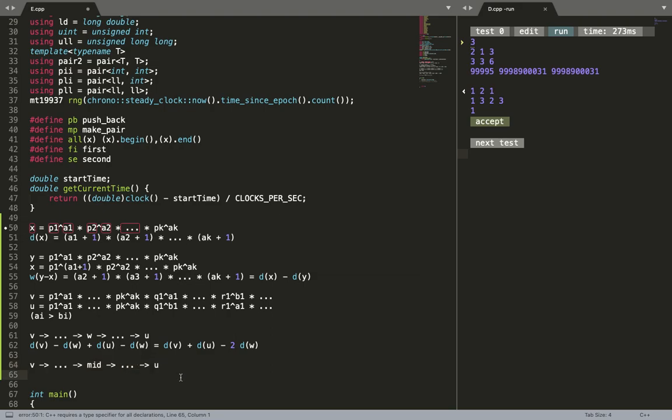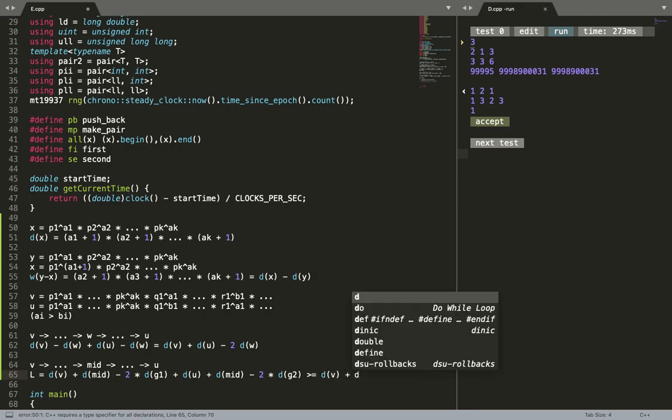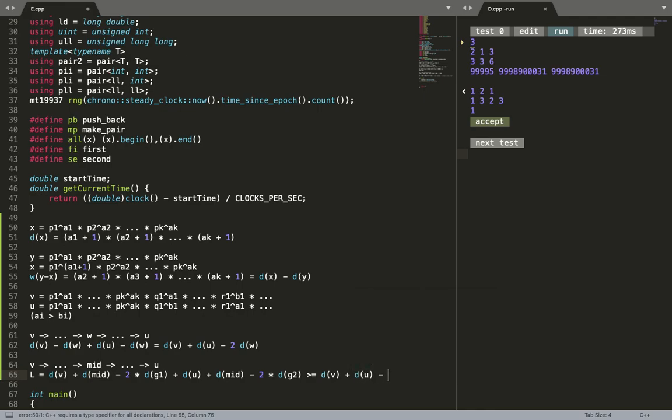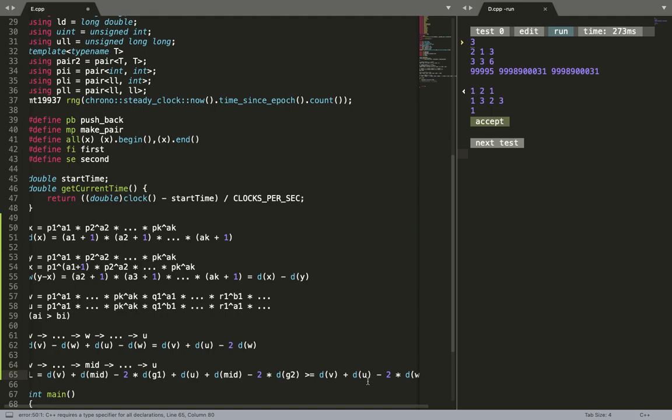Then the length of this path is d(v) plus d(mid) minus 2 times d(g1), plus d(u) plus d(mid) minus 2 times d(g2), and I want to prove that this is at least d(v) plus d(u) minus 2 times d(w), where w is the GCD of v and u.